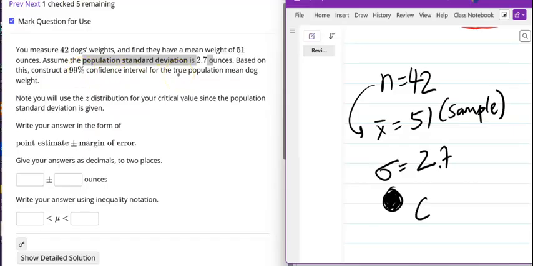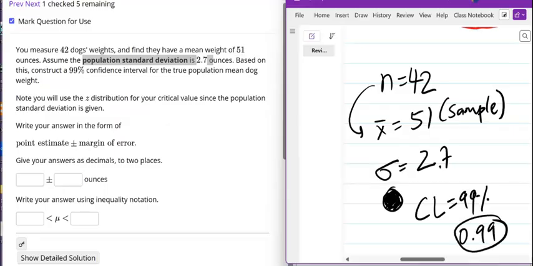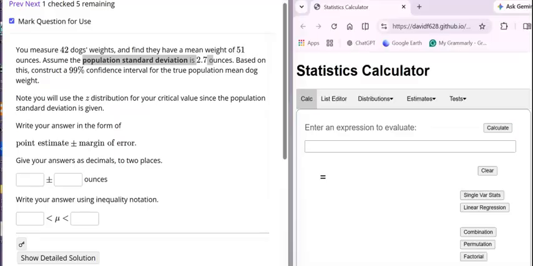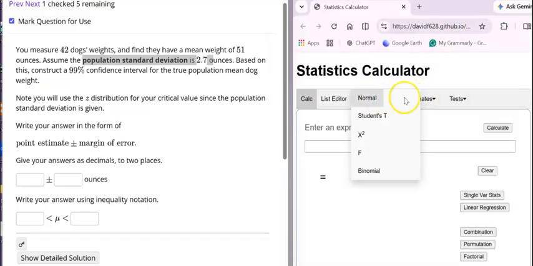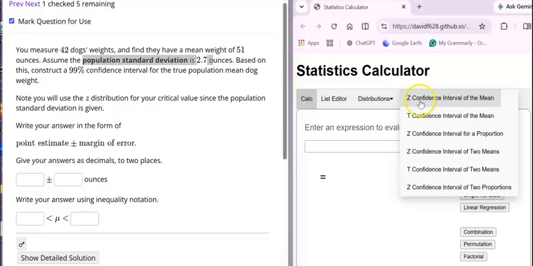So here the confidence level is 99%, which is 0.99 as a decimal. Just remember that. Now remember that if you are given the population standard deviation, when you use the calculator, you have to do Estimate.